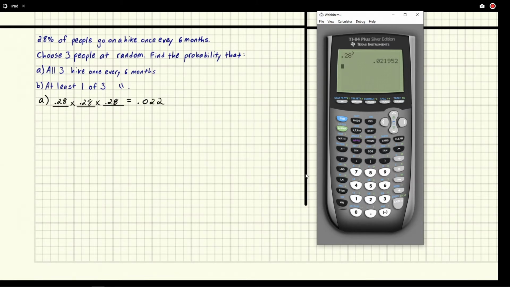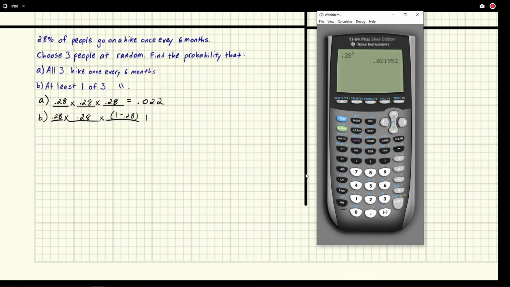Now we move on to part B. At least one of the 3 goes on a hike. Well, this one comes with a whole can of worms, essentially. Because this person could go on a hike, that'd be the 0.28. And then the next person could go on a hike. And then the next person, maybe they don't go on a hike, so that'd be 1 minus 0.28.